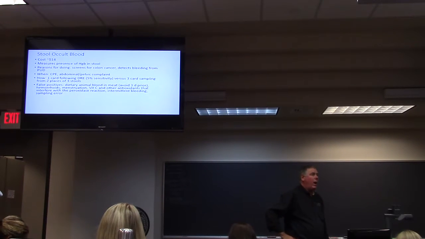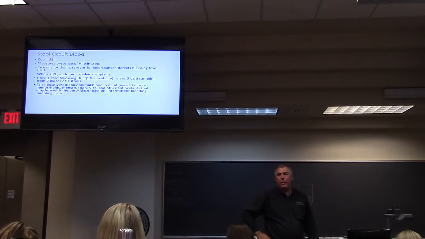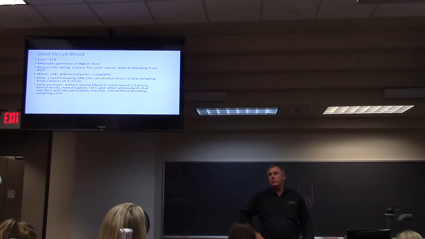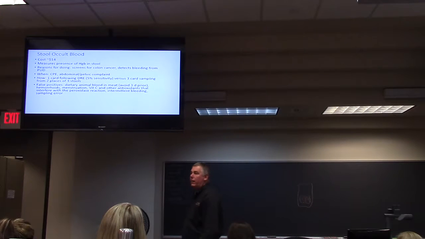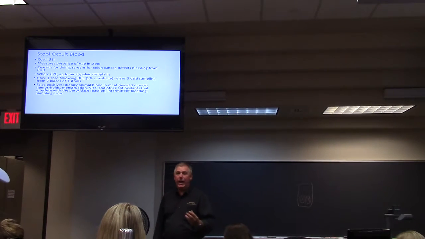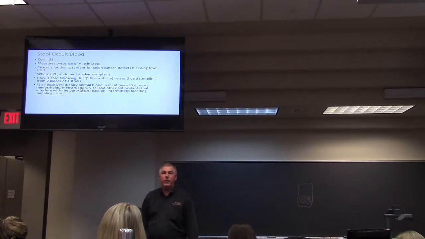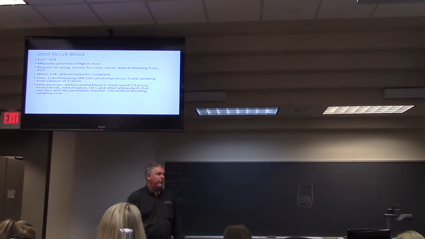The problem with a guaiac test is that it tests for the presence of hemoglobin, but it doesn't test for the presence of specific human hemoglobin. So if you went to the ranch last night, the hemoglobin that's still within the 10-ounce fillet that you got can give you a false positive if you indeed are negative.